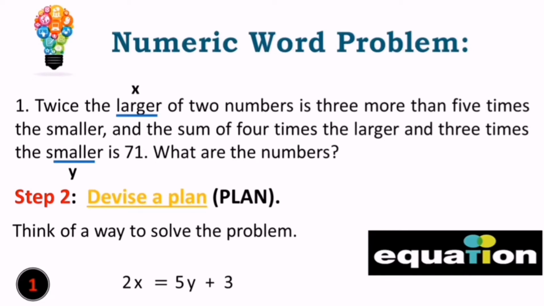In mathematics, since the commutative property is applicable, whether we rearrange the order of the addends, it still gives the same sum. So instead of 3 plus 5y, we can make it 5y plus 3.